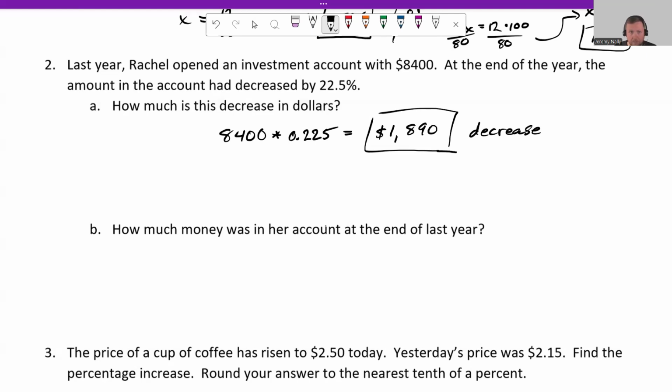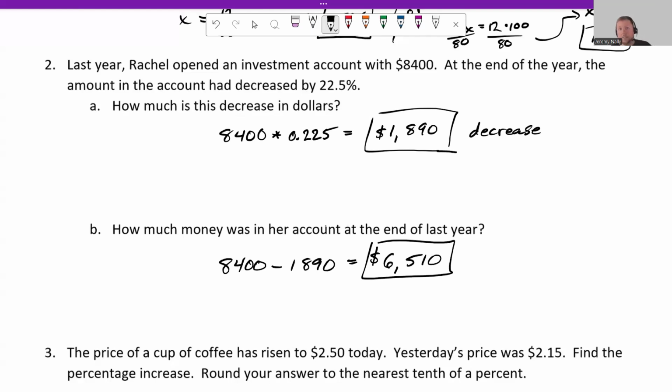And then how much money was in her account at the end of last year? So I'm going to take this 8,400 minus the 1,890. And I get 6,510.